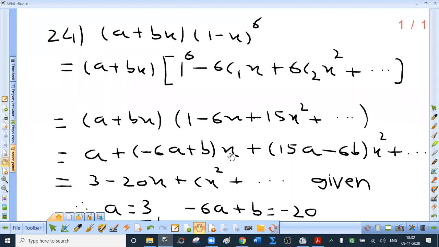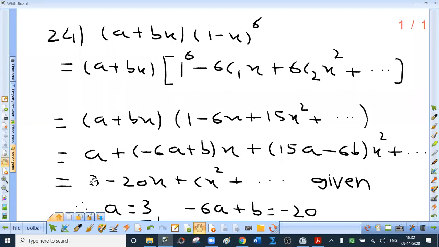This is not at all difficult. You should understand this. Now we are interested in finding a term in x square. See, bx into minus 6x is minus 6b x square. Now a into 15x square is 15a x square. Yes, take x square common, you get 15a minus 6b.